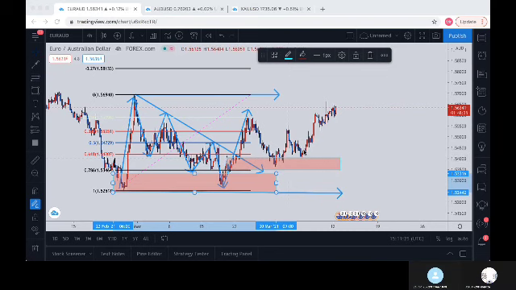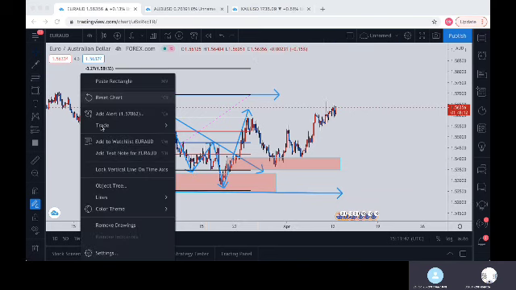Okay, on this one here, you see how this is my first Fibonacci right here? I was asking, do you put a Fibonacci on the second move, or the first one?